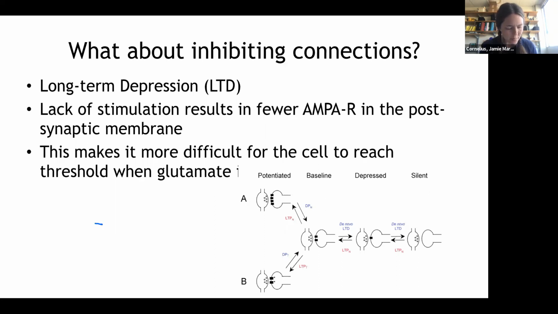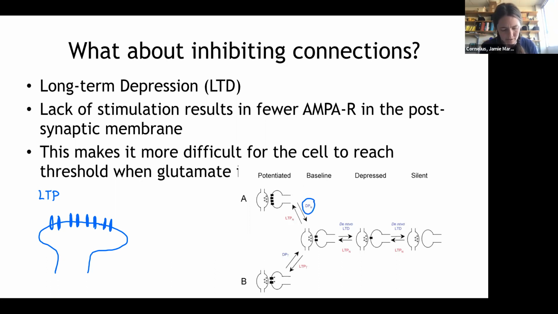And those terms are basically, so you have your synapse and you start out with maybe lots of AMPA, if you've had recent long-term potentiation, and then you'll get depotentiation, which is here, back to a baseline state.